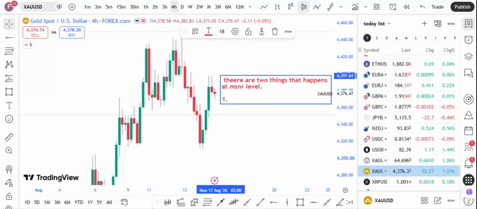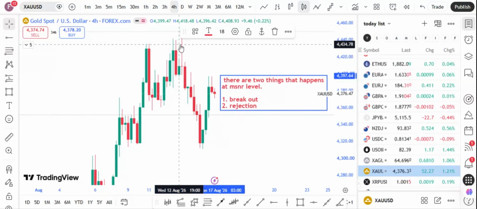The first one is a breakout. The second one is a rejection. So after you've marked your level, you wait for a rejection or a breakout like I've shown you.